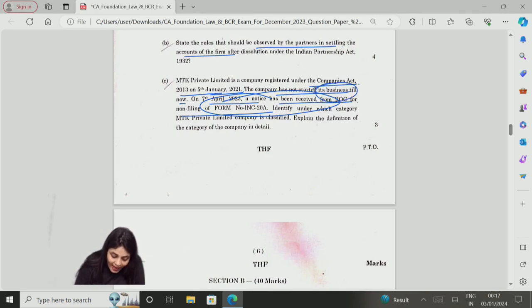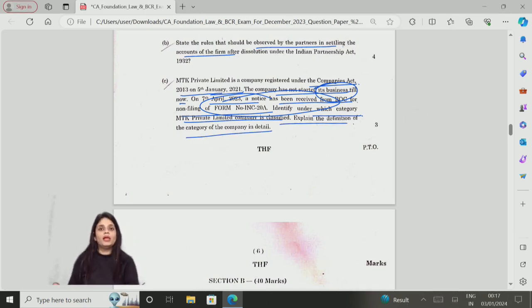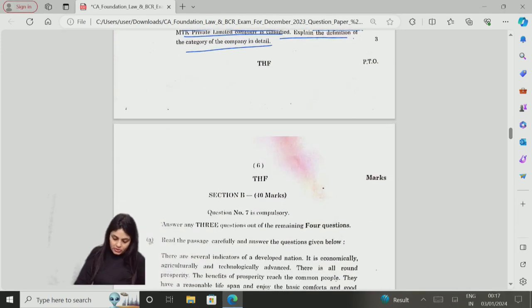It is not... which has no business operations, which has no significant accounting transactions for the past 2 years, or has not filed its financial statements or annual returns for the past 2 years.